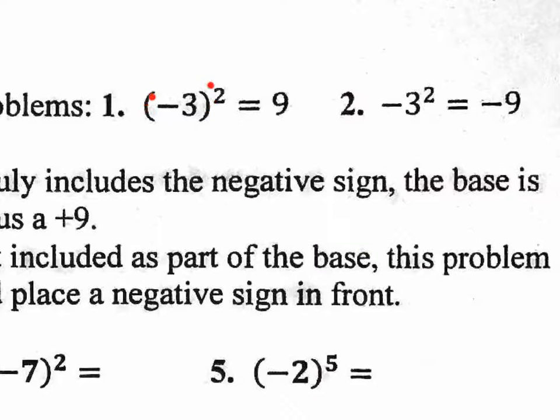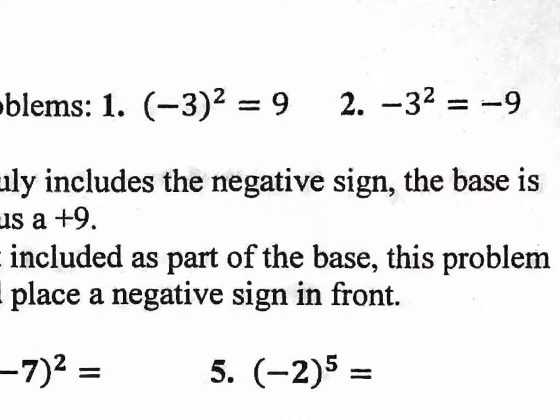The parentheses themselves tell you that you're including this negative sign, so this base is truly -3. This base over here is not -3. This base is 3, and of course it has a negative in front. So right here with the parentheses, you're including that negative sign as part of the base. So your base is -3.